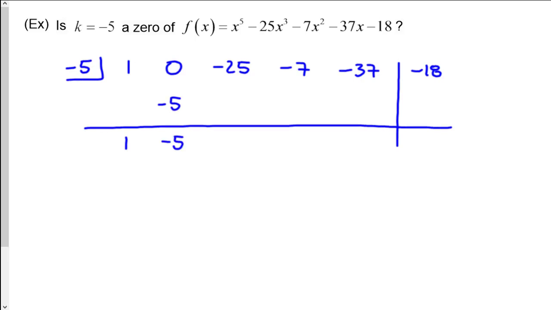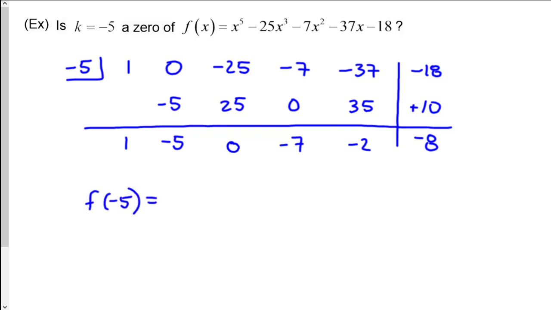These add to negative 5 and multiply to 25. Which add up to 0. 0 times anything is 0. Negative 7 and 0 is negative 7. This makes 35, which add up to negative 2. Negative 5 times negative 2 is positive 10, and that results in negative 8. So f of negative 5 in this case is equal to negative 8.